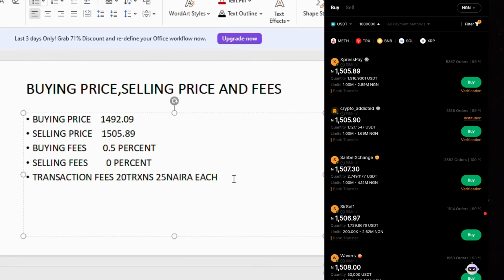Okay, let me put in all the transaction fees so that you will not be surprised. For buying transaction fees, 20 transactions each for 25 naira. For selling, let me just put equals 500 naira. Don't forget.